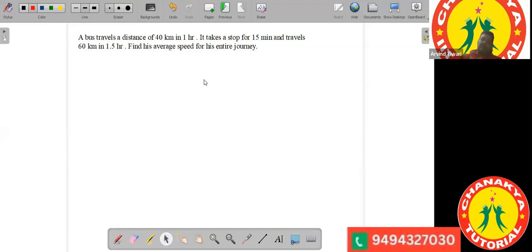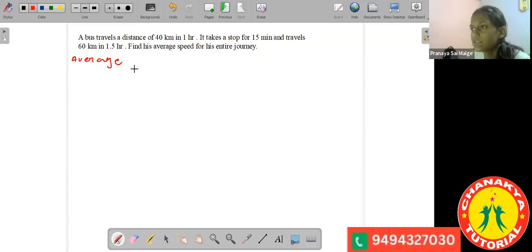Your average speed is given by the formula total distance by total time. So why are we taking these 15 minutes? Because it's stopping.